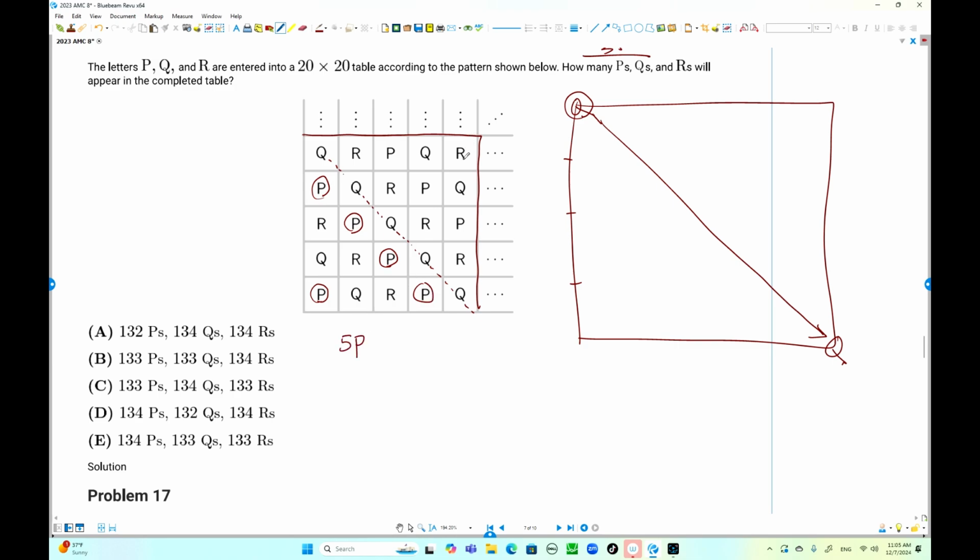How many R's there? 1, right? Or you can use the R over here, okay? The other side, what is the R? 1, 2, 3, 4, 5. And diagonal. How many P there? R. 1, 2, 3 to the left, right? 3 R. How many P? 3 P there.